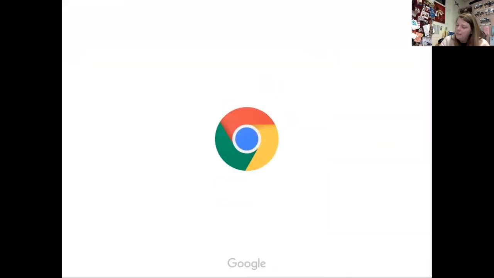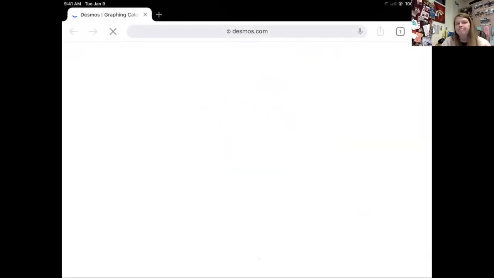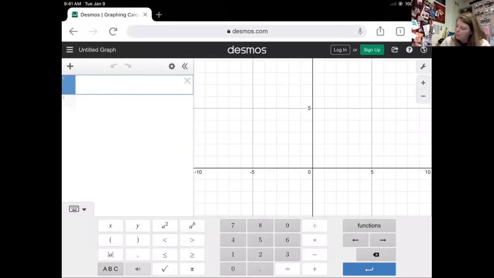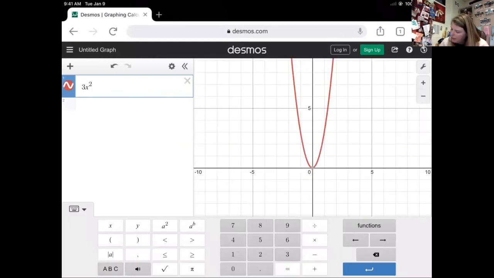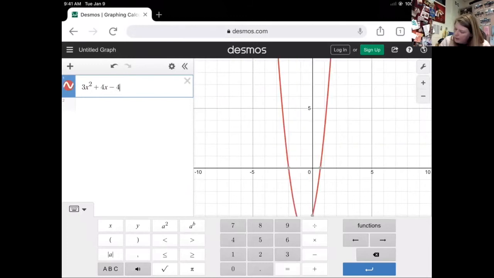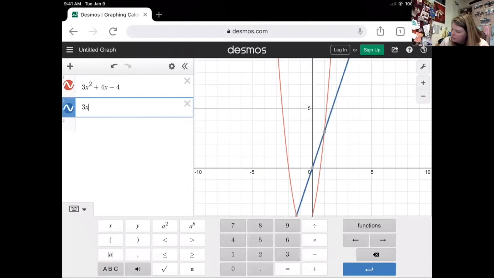So our parabola was 3x squared plus 4x or minus 4x? Plus 4x minus 4. And our two factors were 3x plus 2 or minus 2?